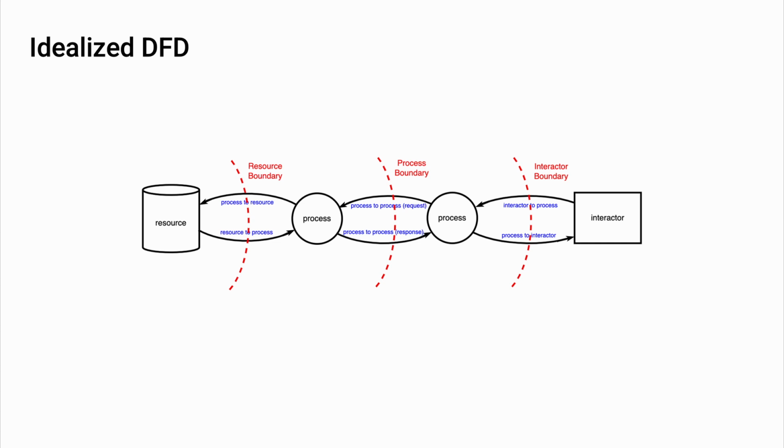A second issue that we have is that in order to make a distinction in communication between the interaction managing process and the resource managing process, we have to put additional notation on the data flow itself. In this case, we can't just say that we have a process-to-process data flow.